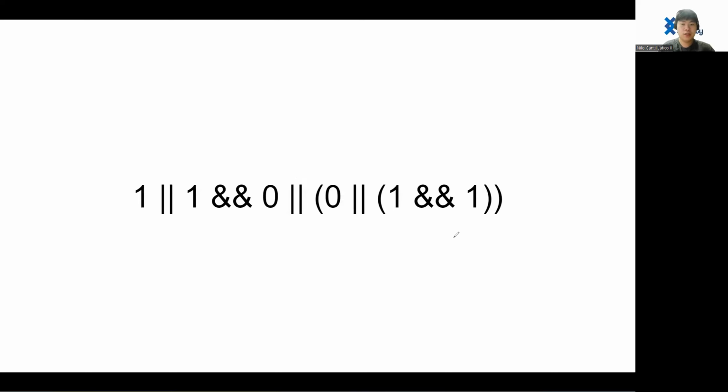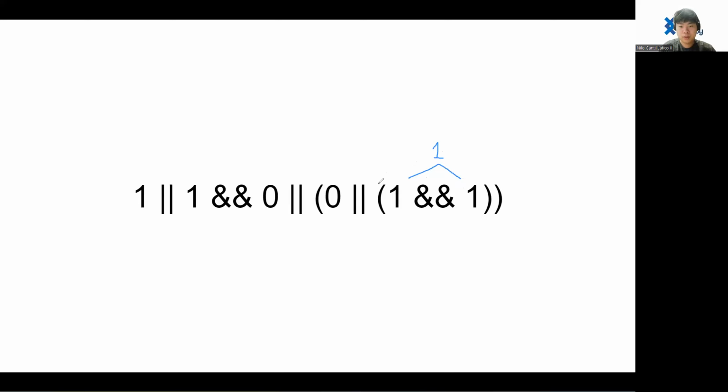So we always know that the parenthesis always goes first. The most inner parenthesis will have to be solved first before the rest of the parentheses in the outer. So what is 1 and 1? 1 and 1 is always 1. It's like saying 1 is true and then 0 is false. So since both are true, so true and true, the answer is true. So that's equivalent to 1.